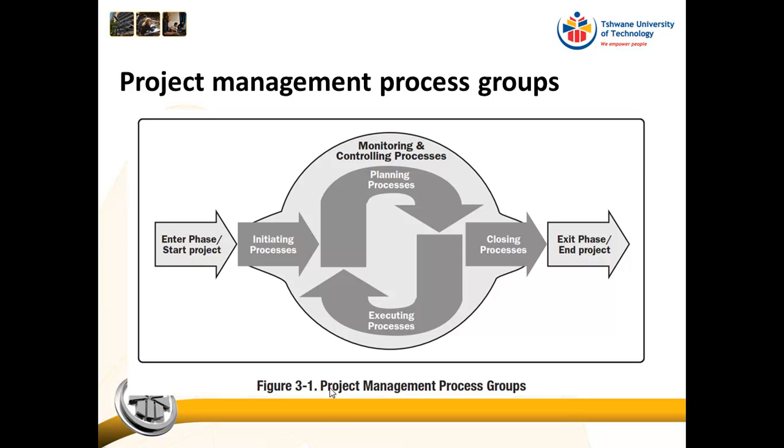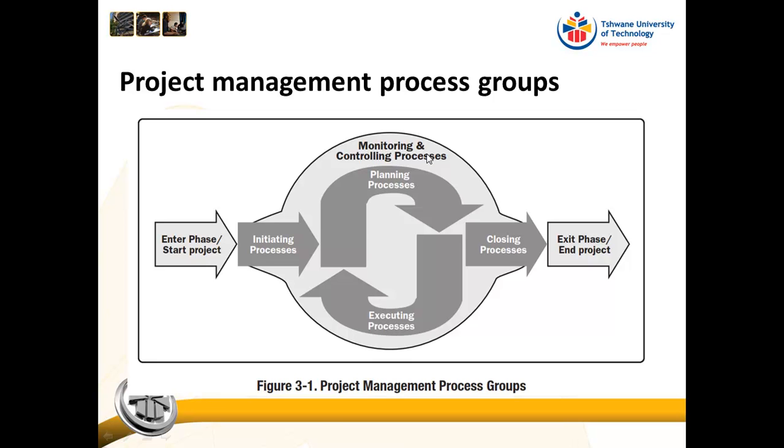Right, so the next thing we want to talk about is project management process groups. So these are the process groups according to the Project Management Body of Knowledge. So in each project that we do, we have to initiate the project, we then plan the project, we then execute the project according to the plan.